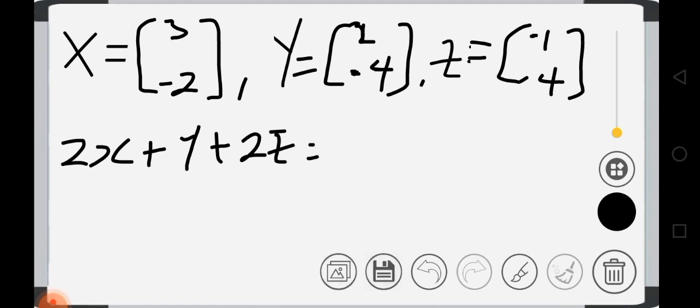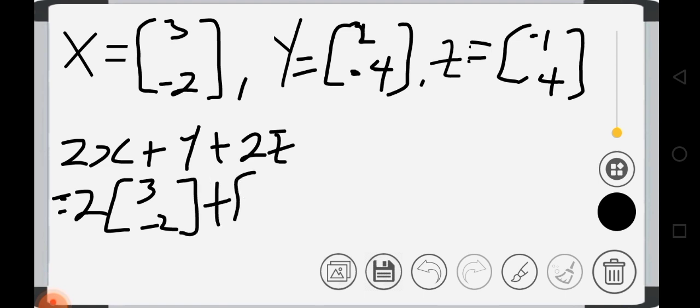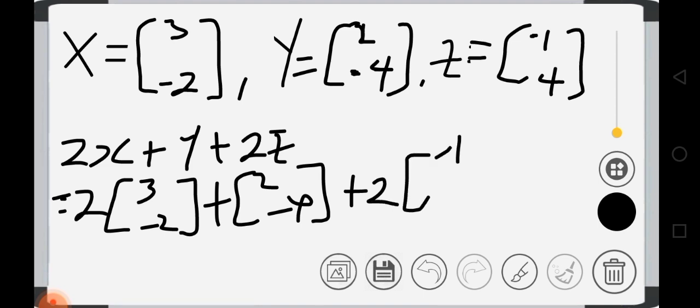This will be equal to 2x, what is x? 3 comma minus 2, plus y, 2 comma minus 4, plus 2z, minus 1 comma 4. So it will give us this times this, that is 6.